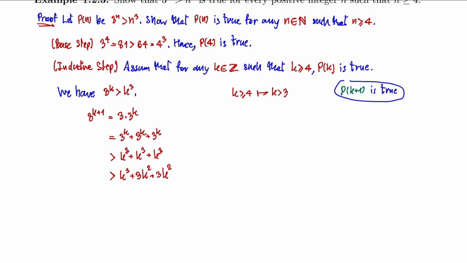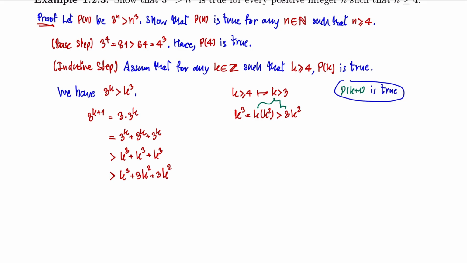So k cubed, we know that is k times k squared. But we know that k is greater than 3, so we have greater than 3 times k squared. So we have this one because k is greater than 3.